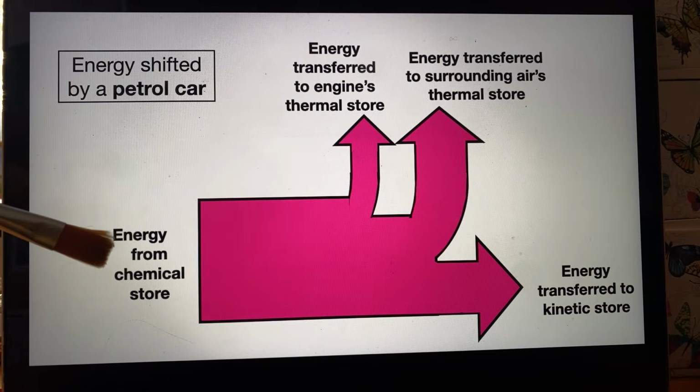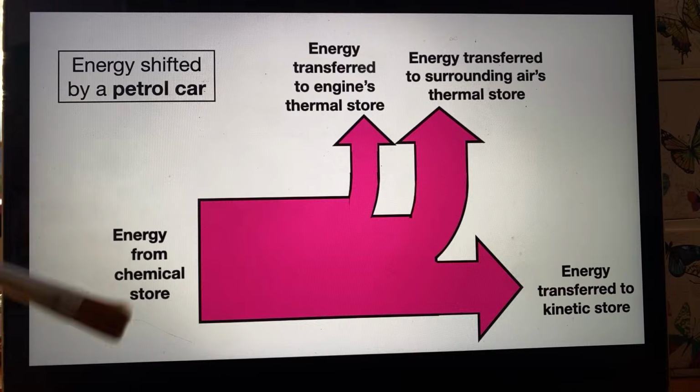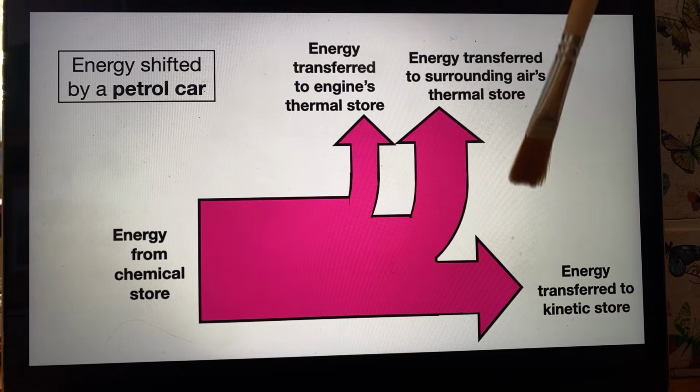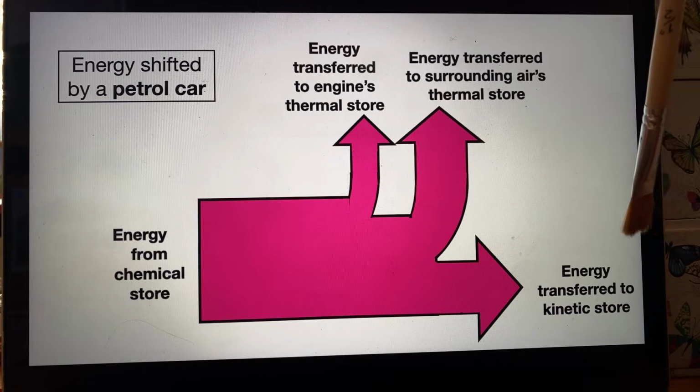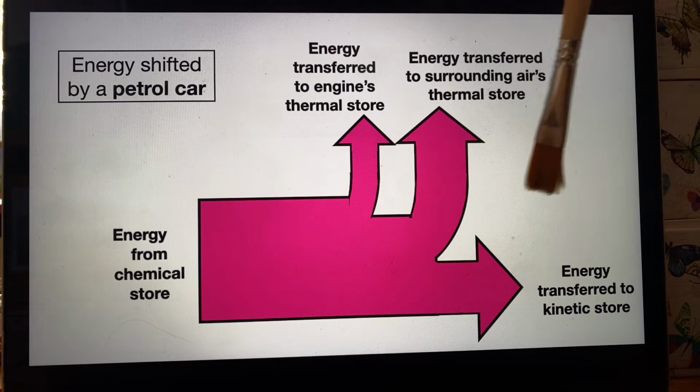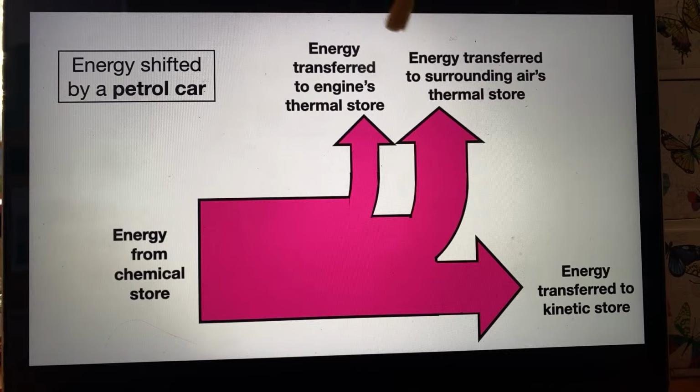And then when you start the car, energy gets shifted from the car's chemical energy store to different stores. So here is an arrow going straight ahead saying energy transferred to kinetic store. And here are 2 arrows coming off the side saying energy transferred to surrounding air's thermal store, energy transferred to engine's thermal store. All right, so that's one Sankey diagram.